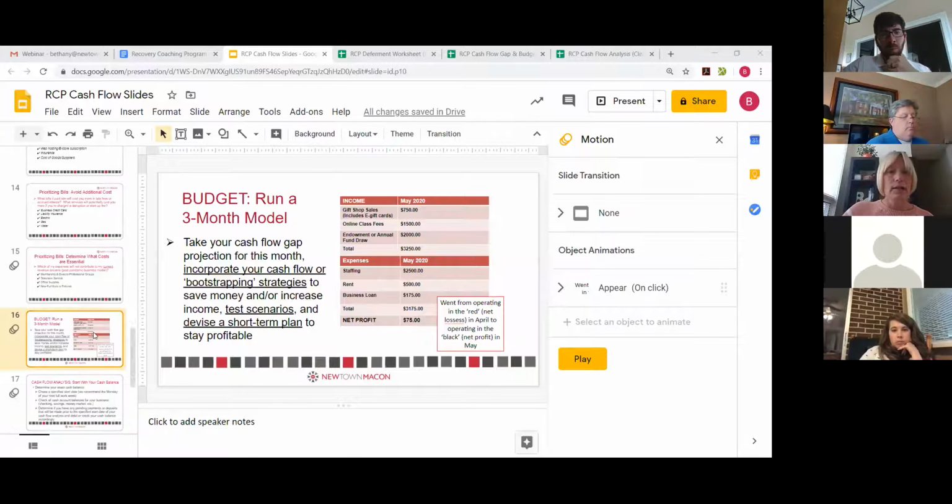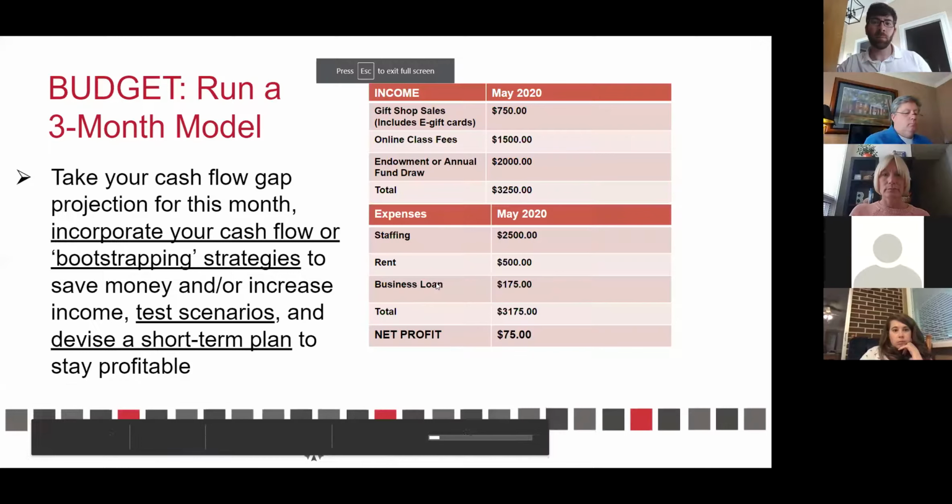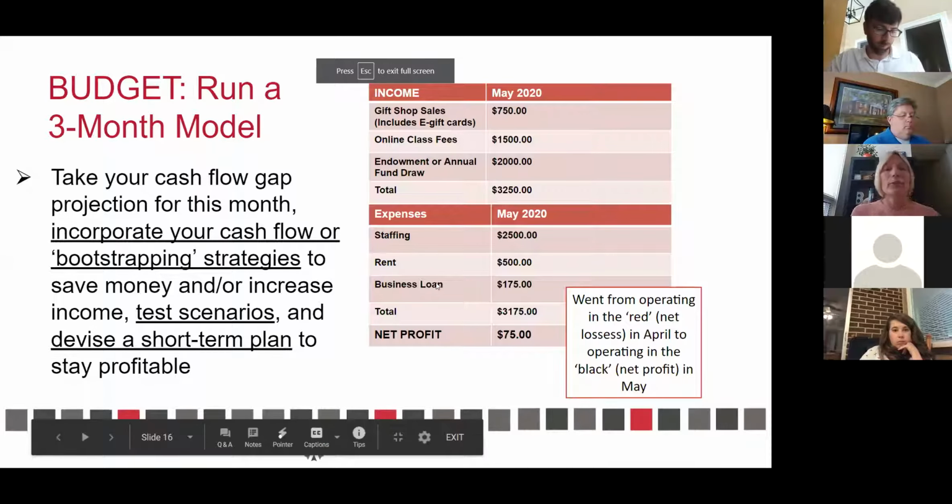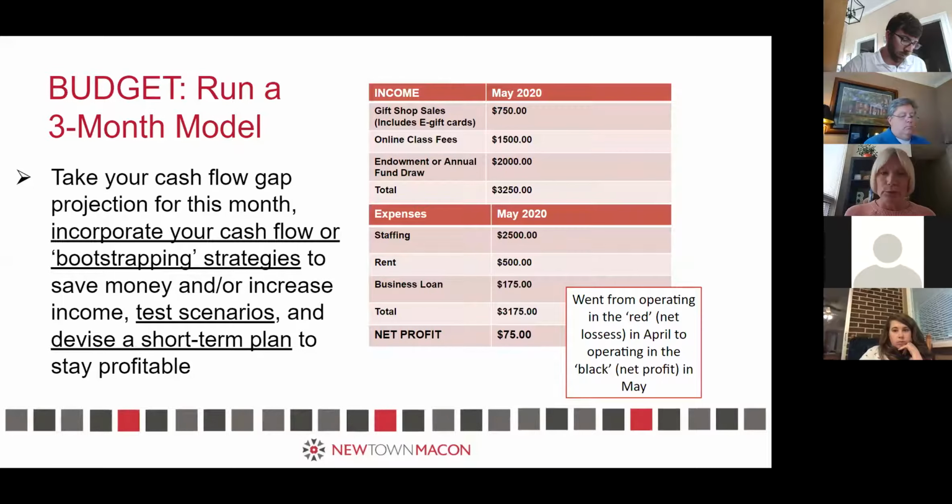Okay, and so once you have all those, then you get to do the fun work of running a 3-month model. So you're going to incorporate your cash flow or bootstrapping strategies that we just went through. It's 3-pronged, right? Looking at relief sources on your income, diversifying your income, or adding new income streams, and then cutting your expenses.